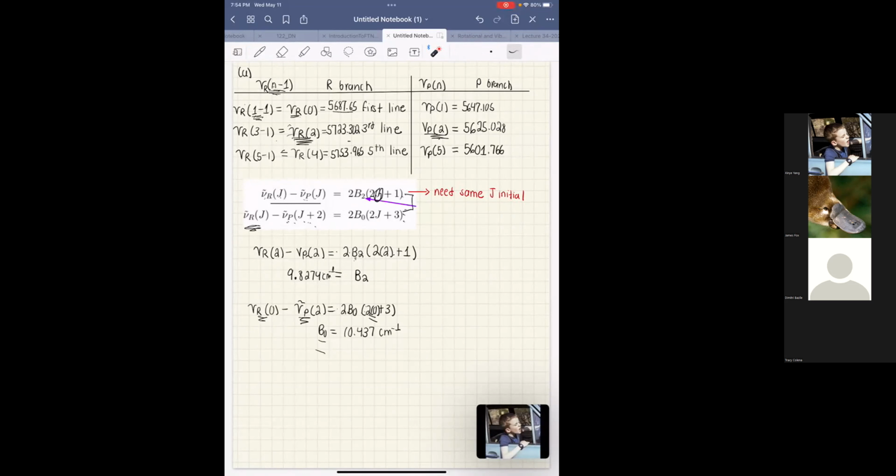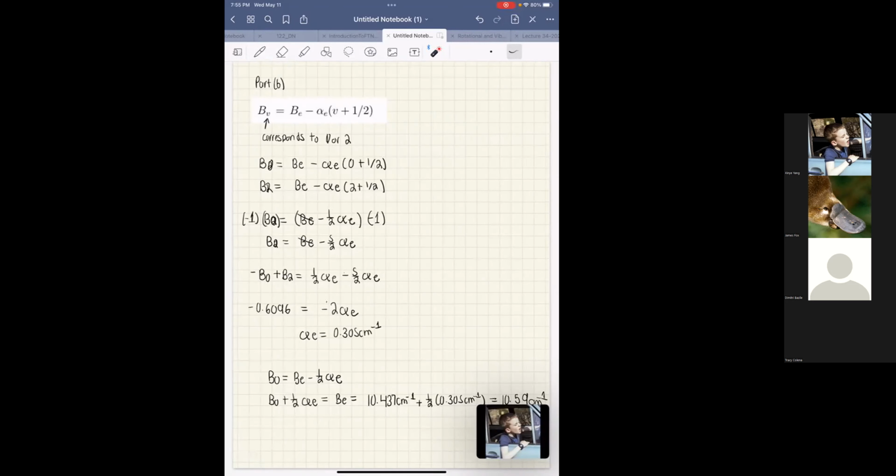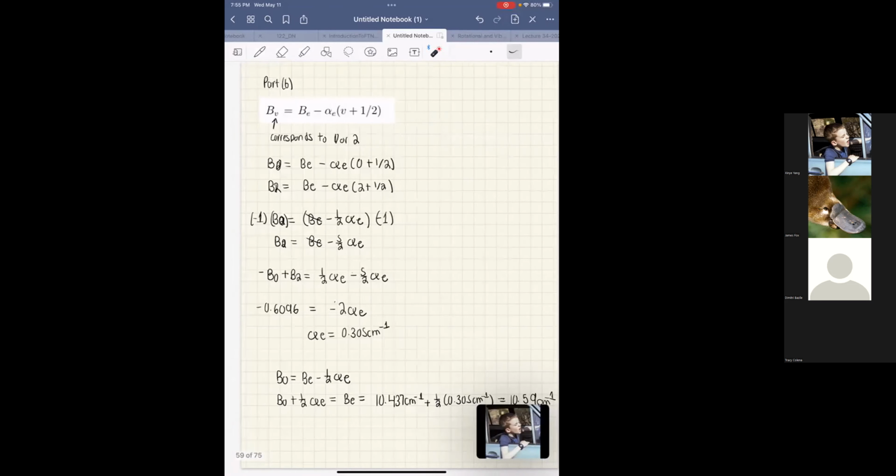So B of 2 and B of 0 relate to B of V, because this is when V is equal to 2, and this is when V is equal to 0. If we're talking fundamental, we'll have B0 and B1. That's because the highest V can be in the fundamental is 1, and the lowest in the fundamental and overtone is 0. So based on that, we can plug in what we found initially. We found B of 0 and we found B of 2.